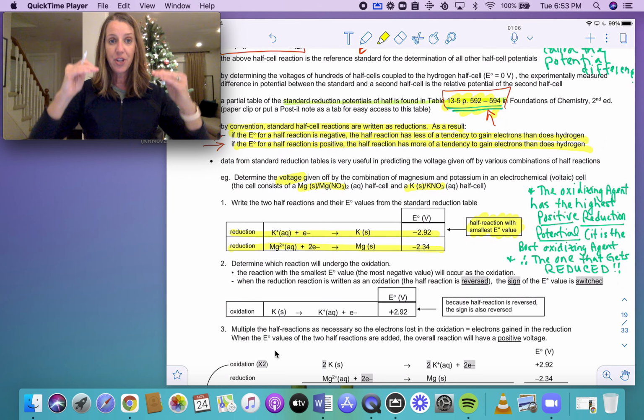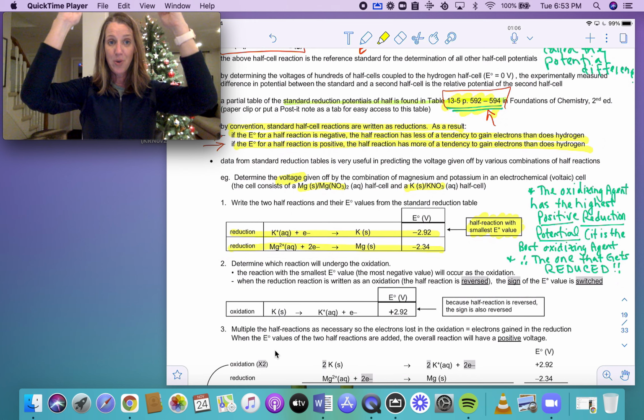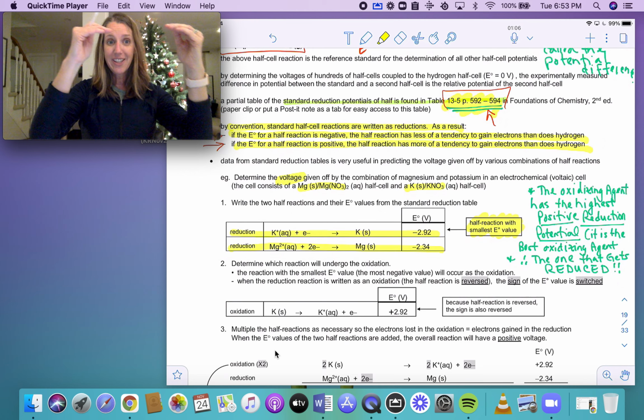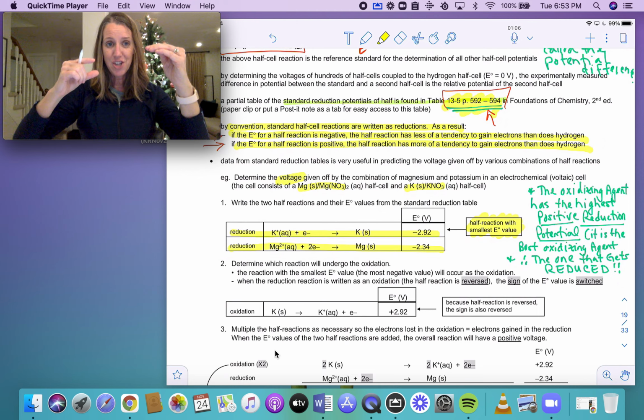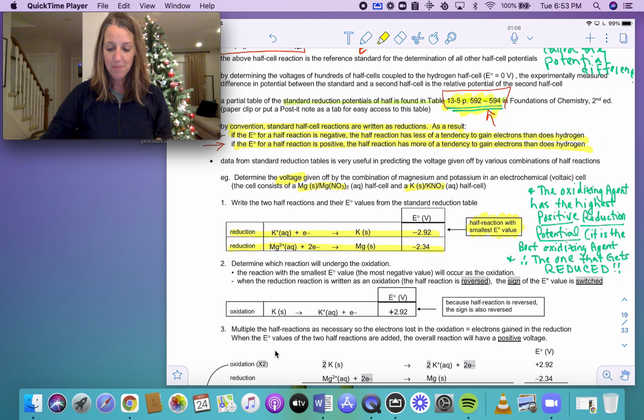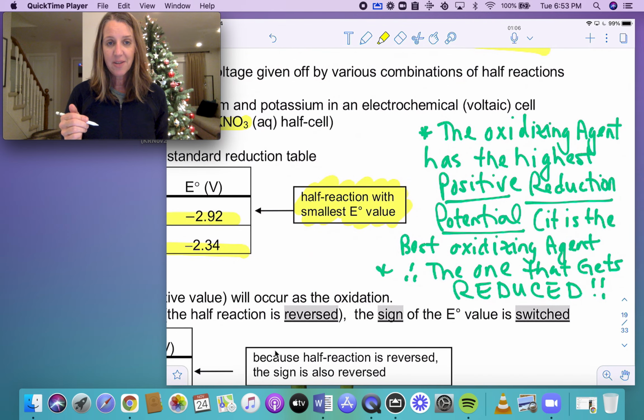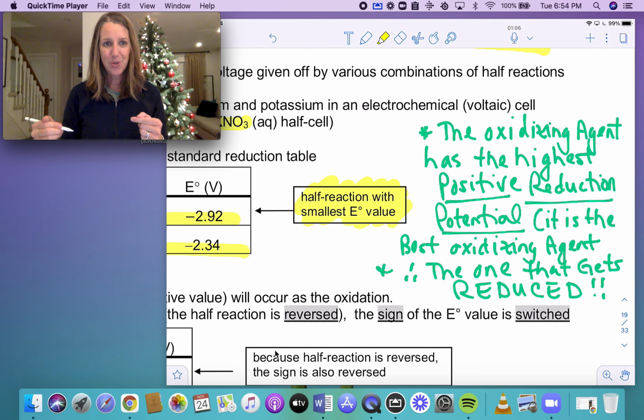The one that's closest to the positive has the greatest potential to be reduced, and it will get reduced when it's in combination with another one below it. Okay, so I've written this on the side, add this to your notes. The oxidizing agent has the highest positive reduction potential. It is the best oxidizing agent, and therefore it is the one that gets reduced.